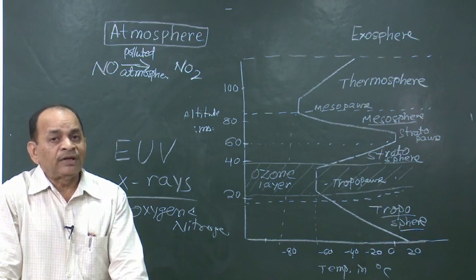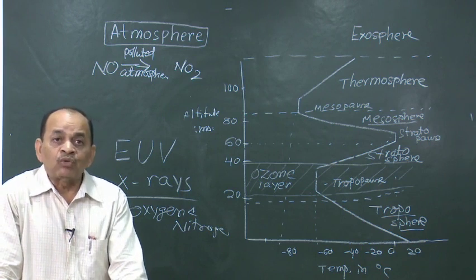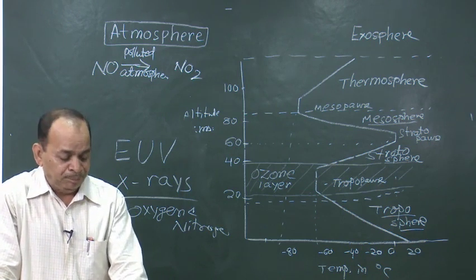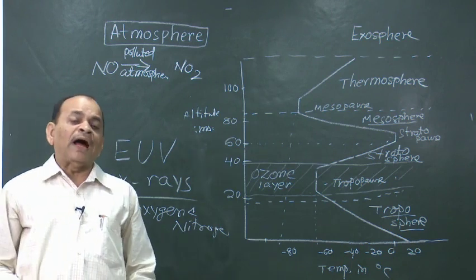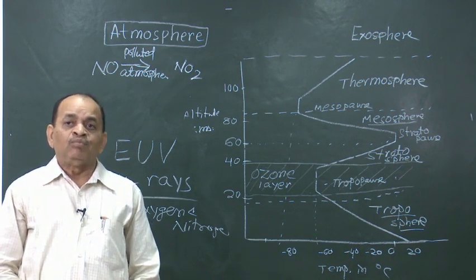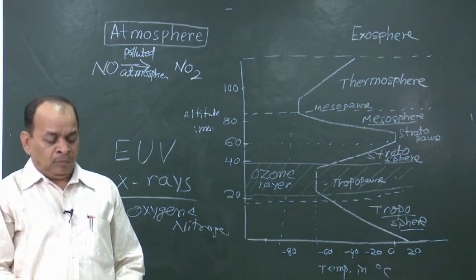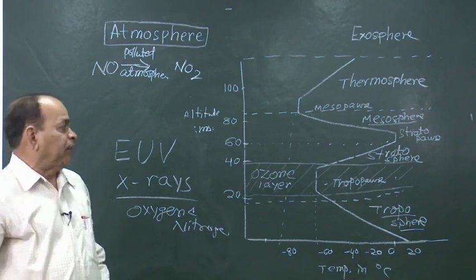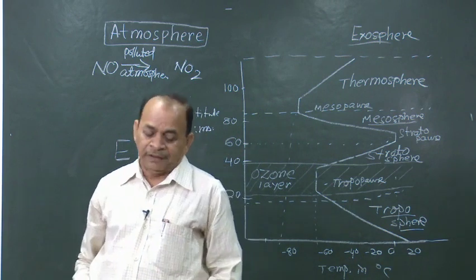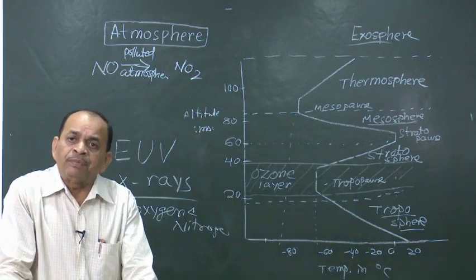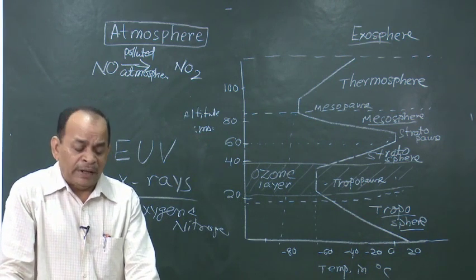So, here oxygen and nitrogen which are present absorb extreme ultraviolet and X-rays, that is why the temperature increases. These are the ionizing radiations, X-rays and EUVs. Then next is exosphere. That is the fifth layer, exosphere. Beyond the thermosphere is the exosphere. The air is extremely thin.